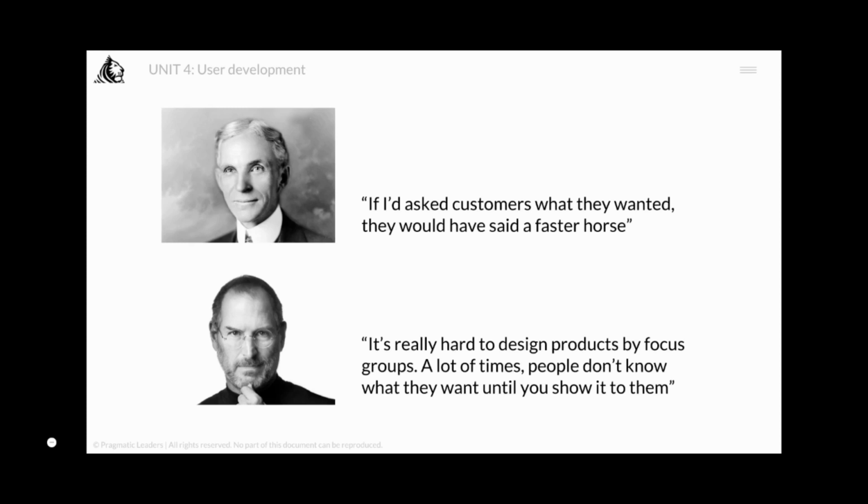And both these gentlemen were very well known and widely respected for their acumen in observing the behavioral traits of users and not the attitudinal ones. What I'm saying versus what I'm doing is vastly different, and what you need to aim for is what am I doing? What is the user doing? And that's all that matters.